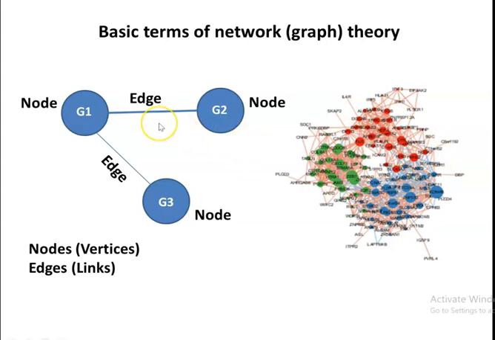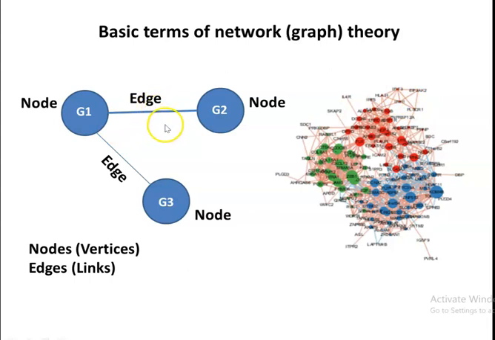Another important entity of networks is an edge. An edge is a relationship between nodes. So this is what it represents, and here, these are the lines that you see. These are the co-expression patterns, or presence of similarity in the expression, between two genes that are linked with this kind of line.